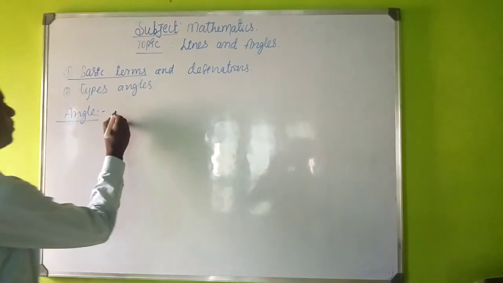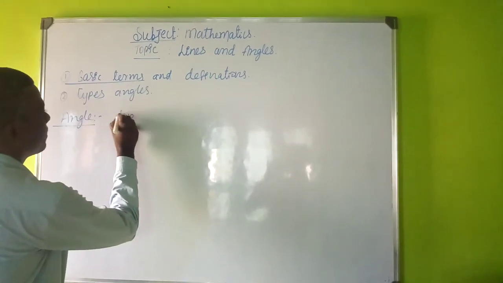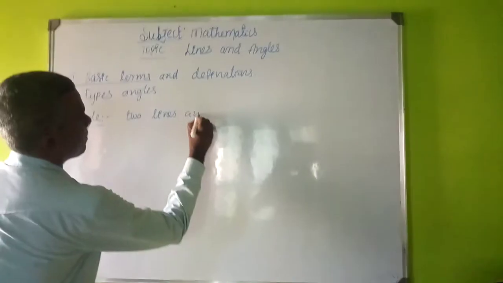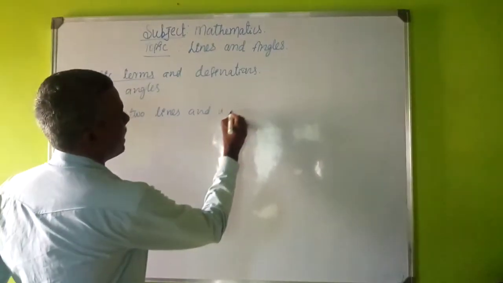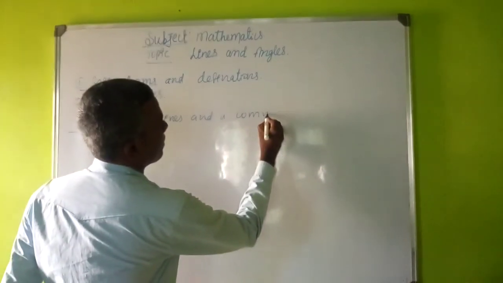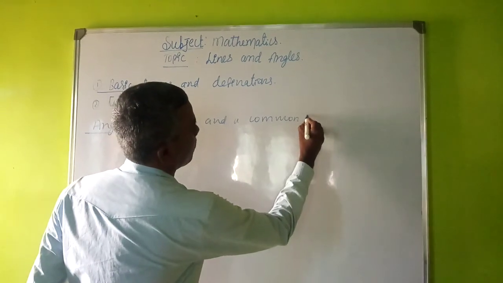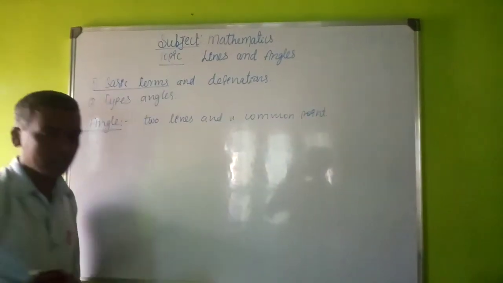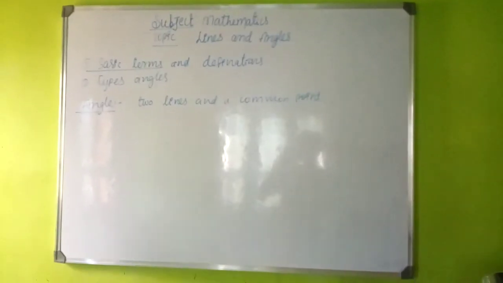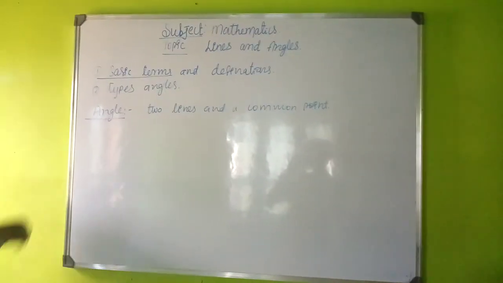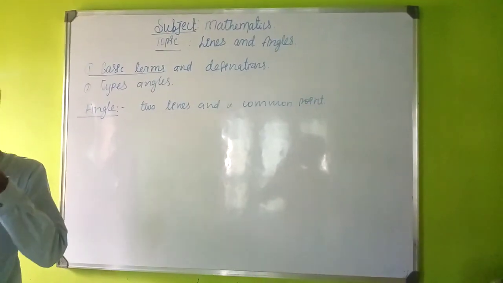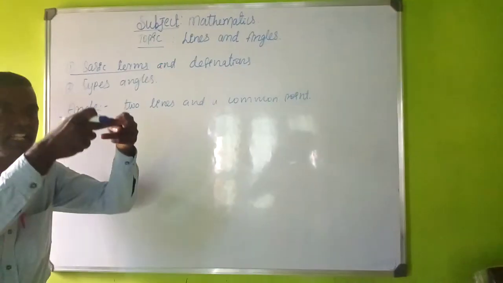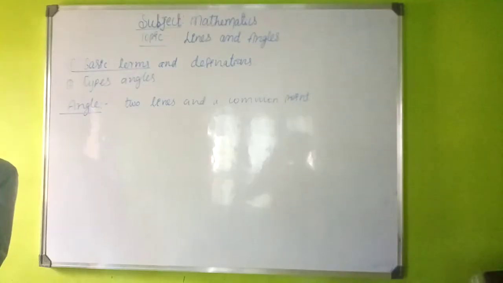Two lines and a common point is called an angle. It means two different lines which meet at a common point is called an angle.